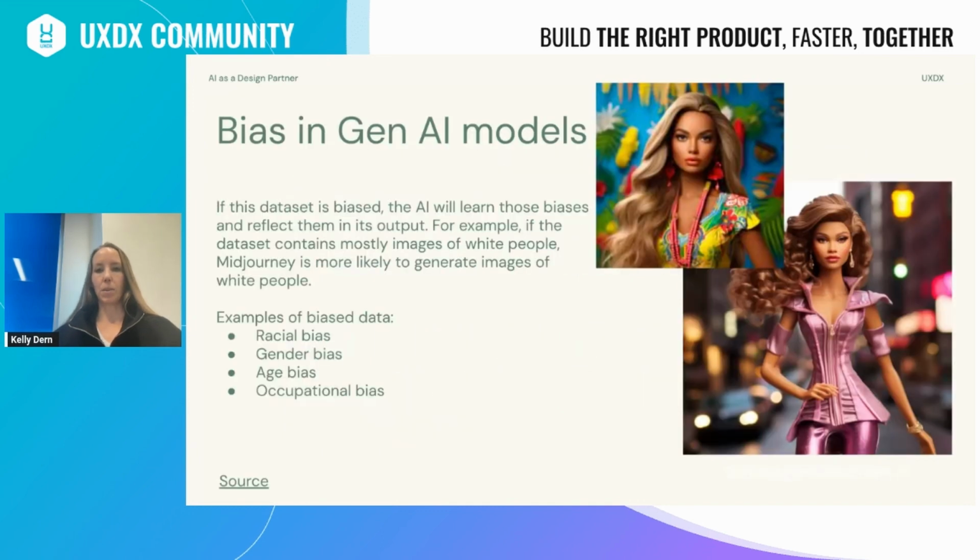As we've seen with some tools that have come out, for example, Midjourney is trained on certain images of people which might have biased data, such as racial bias or gender bias, age or occupational bias. So we want to avoid continuing to reinforce this bias. We want to make sure that we're either building in mechanisms for detecting the bias in these models, or, as the product creator, auditing them ourselves.